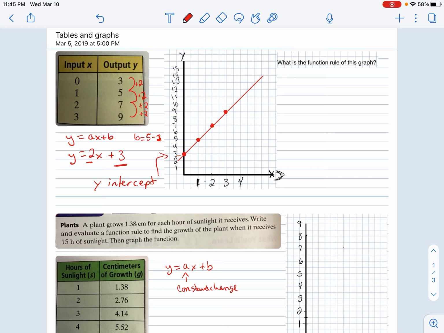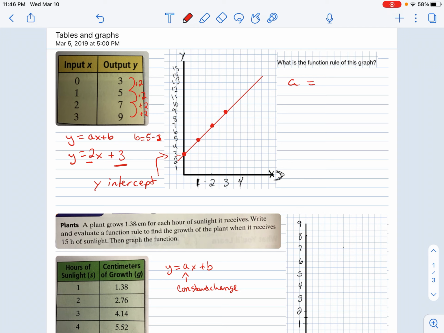This is also going to be your a. Your a is equal to your change in y over your change in x. I'm going to write it over here.